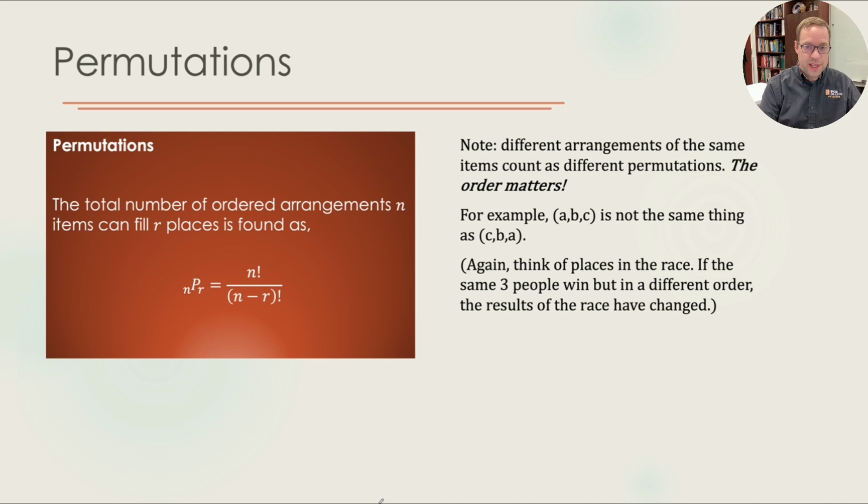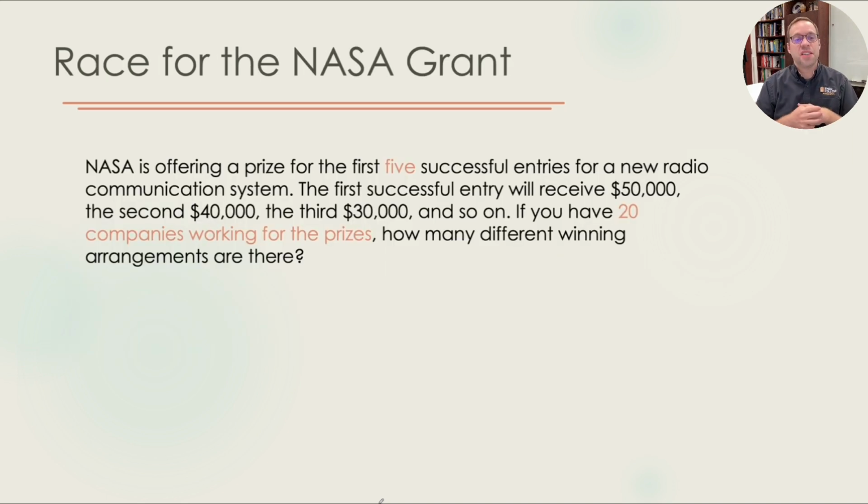Let's do another example with this. There's a NASA grant that's out there, and we're getting applicants for it. They're offering a prize for the first 5 successful entries for a new radio communication system. The first successful entry will receive $50,000. The second will receive $40,000. The third will receive $30,000.